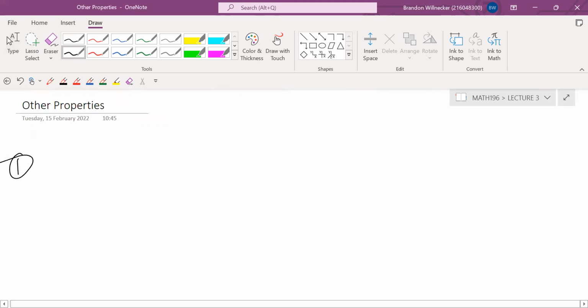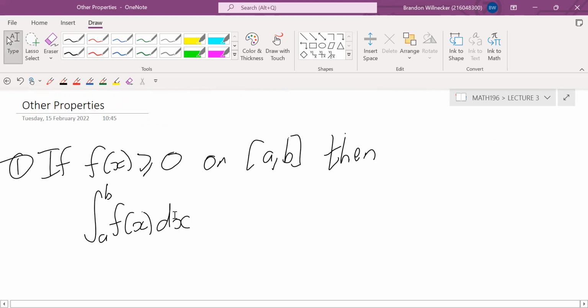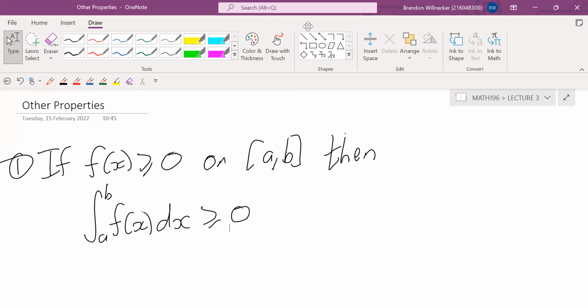Okay, so number 1. If f of x is greater than or equal to 0 on AB, then the integral from a to b f of x dx is also greater than or equal to 0. And we saw this last time when we were looking at the idea of positive area and negative area.